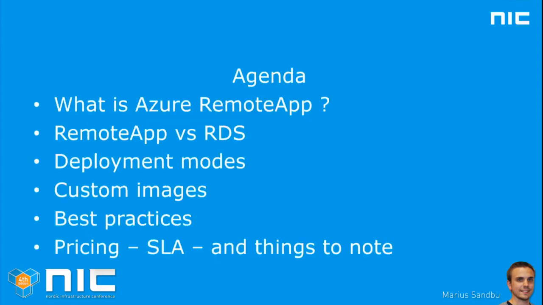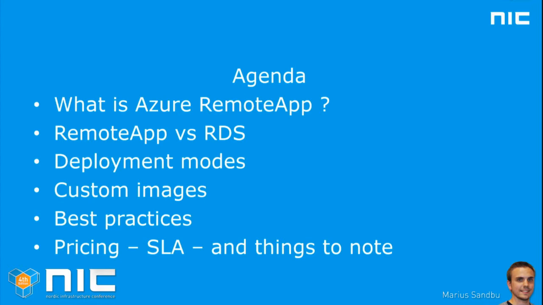So, enough about me. Today's agenda. What is Azure Remote App? First things first. Then I'm going to talk a little about the differences between Azure Remote App and the traditional RDS deployment.